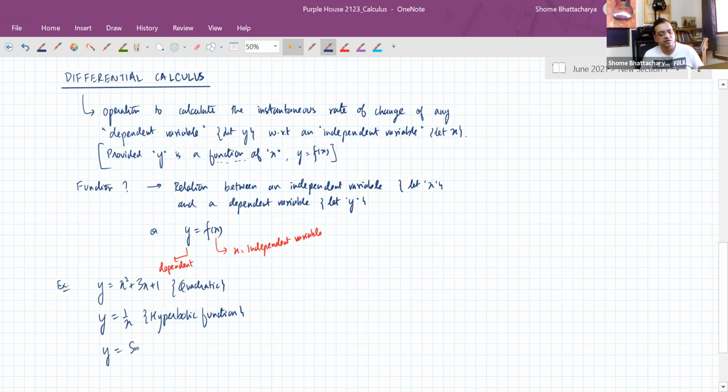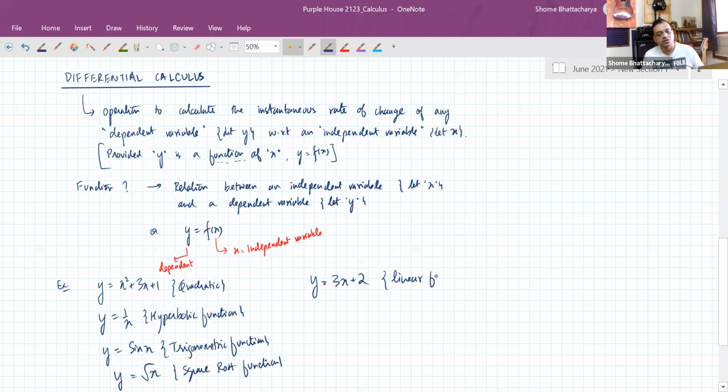This is an example of a trigonometric function. This is, for example, again, a square root function. Talking about something simpler, this is an example of what we call a linear function. So this graph is going to be a straight line. So there are so many different types of functions.